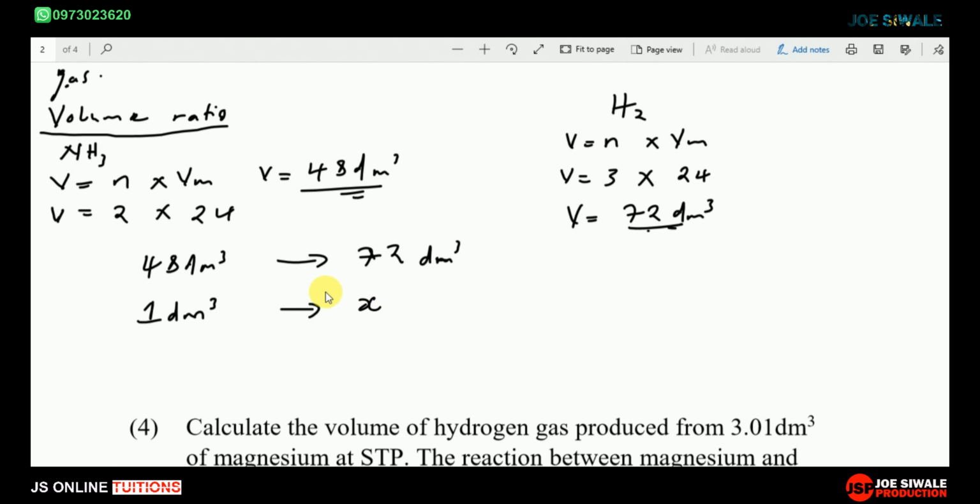This will produce X volume of hydrogen gas. So we're going to cross multiply. So we're going to say 48 multiplied by X. We're going to have 48X is equal to 1 multiplied by 72. We're going to have 72. So divide by 48, divide by 48.